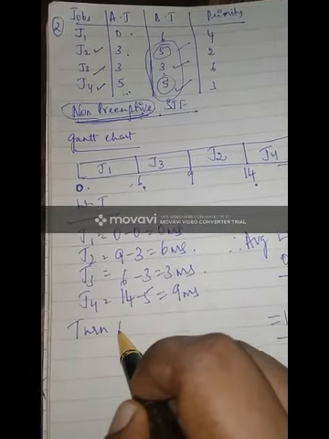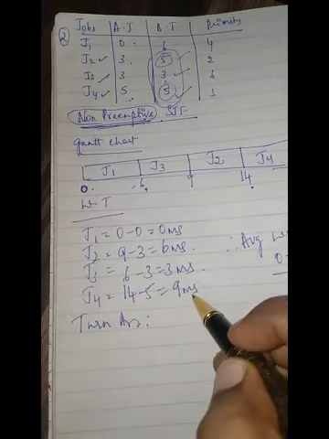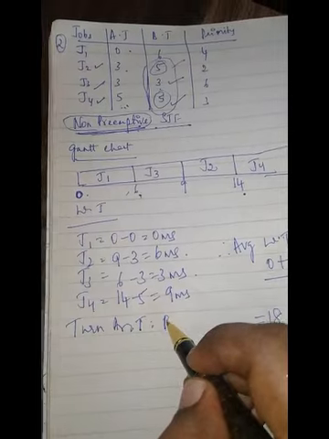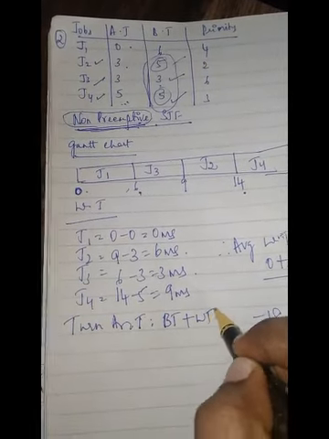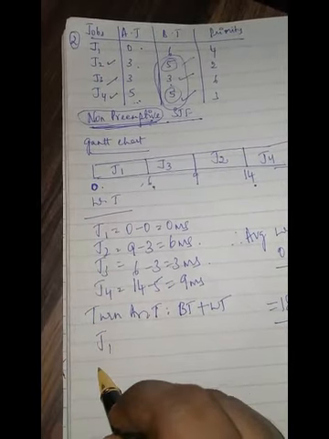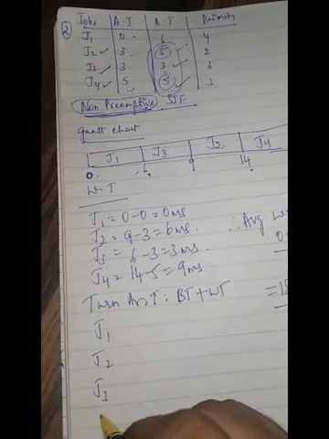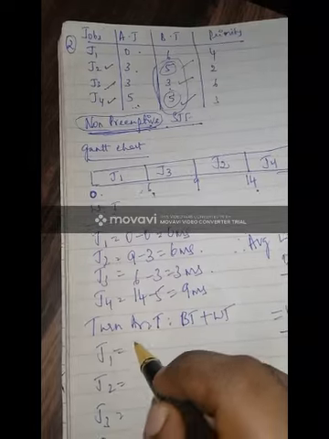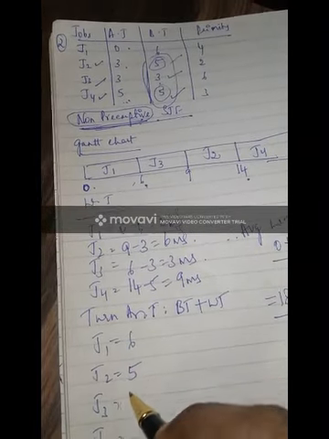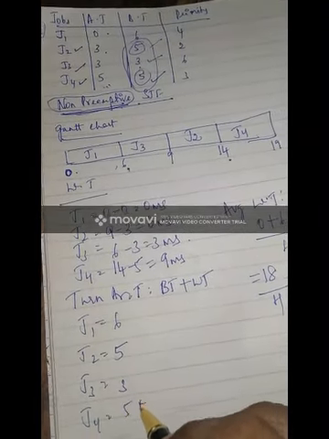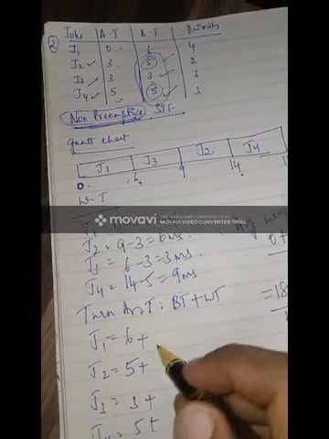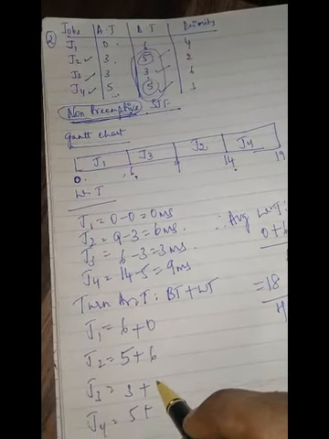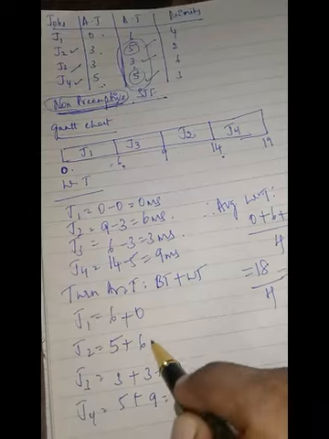Now you have to calculate the turnaround time. The formula for turnaround time is burst time plus waiting time. Burst time you are going to get in the question. Burst time is nothing but how much time it takes to execute. So J1 6, 5, 3, 5. And waiting time you have already calculated, that is 0, 6, 3, 9.